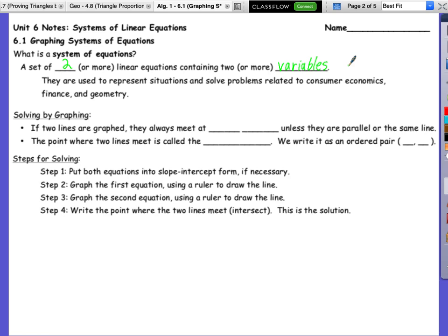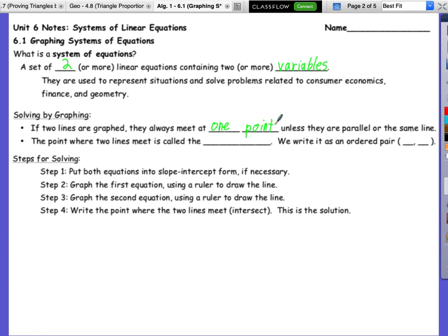So, solving by graphing, if two lines are graphed, they always meet at exactly 1 point, unless they are parallel or the same line. Remember, parallel means they don't intersect, and if they're the same line, it's like they're stacked on top of each other.